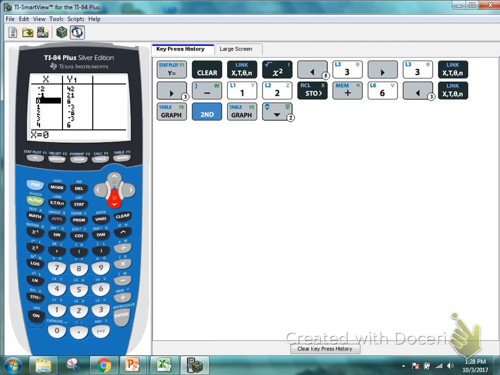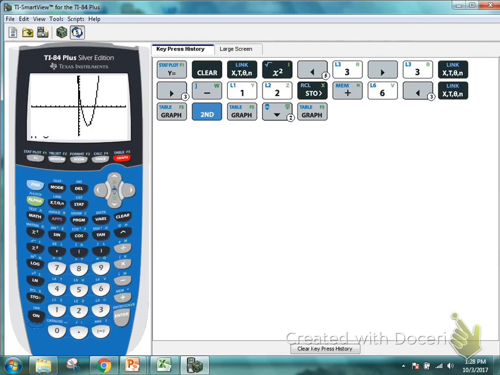Because you don't hit your vertex until you actually get to -2. So if you picked 2, 1, 0, -1, and -2 as your 5 points to graph, you would only be on this left-hand side. Okay, get what I'm saying now?